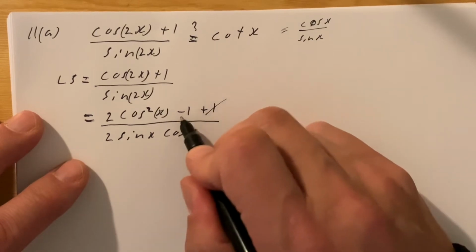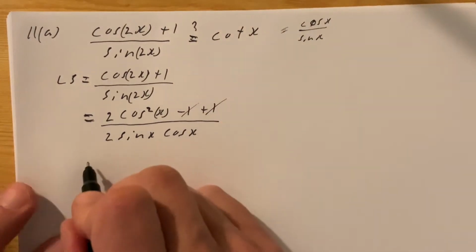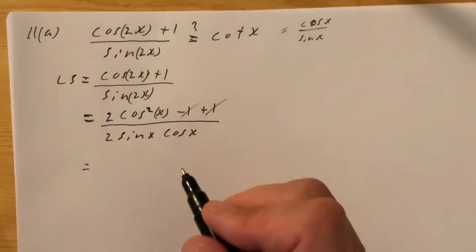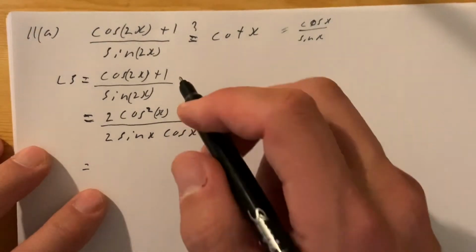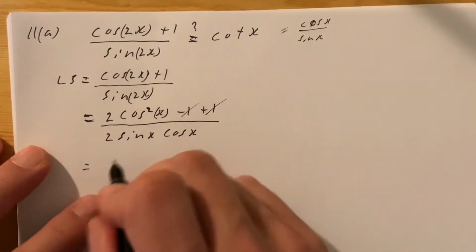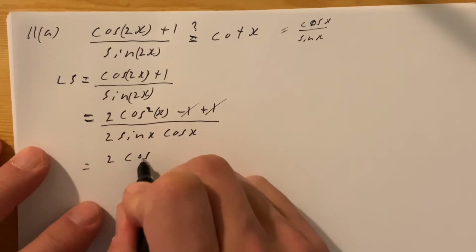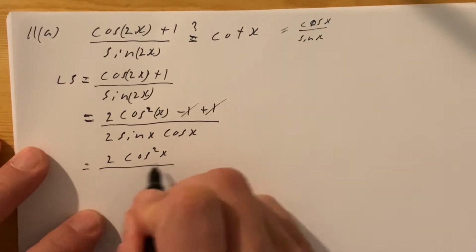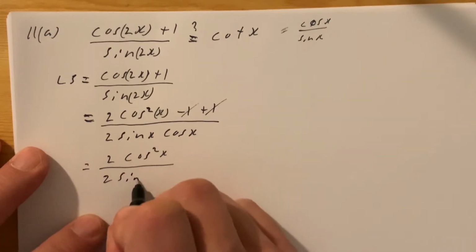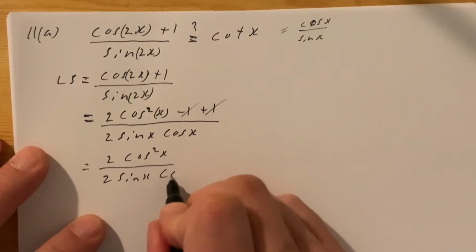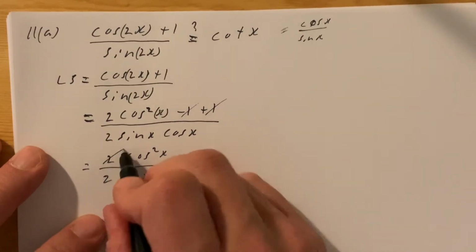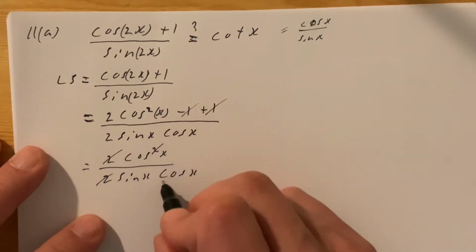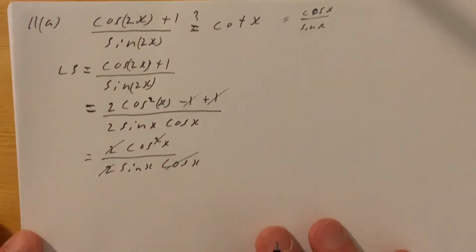So these cancel out. And you end up with the 2's. So I'll just write this out again. 2 cos squared x over 2 sine x cos x. Now the 2's cancel out. One of the coses cancel out from the top with the one on the bottom.